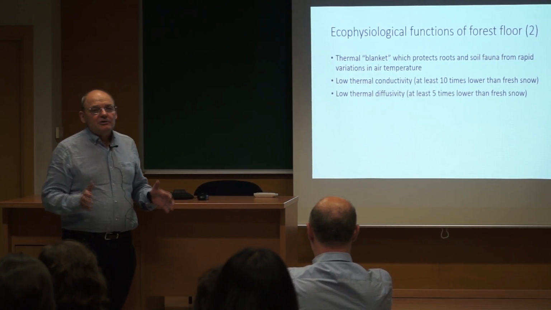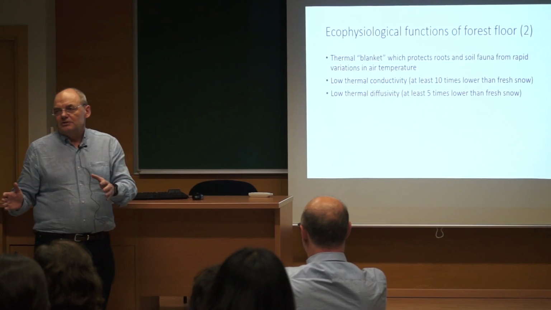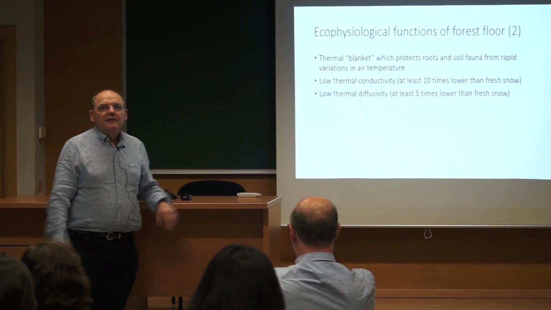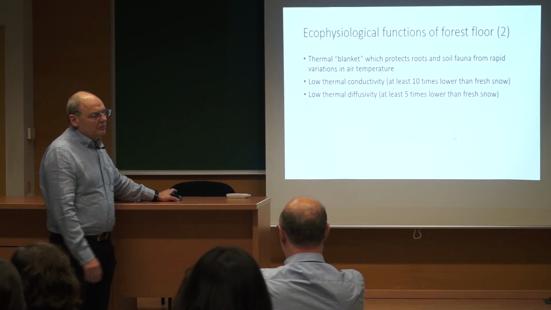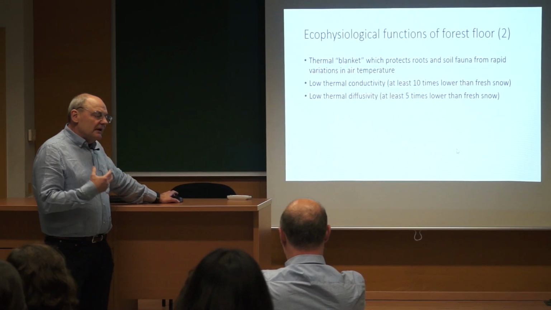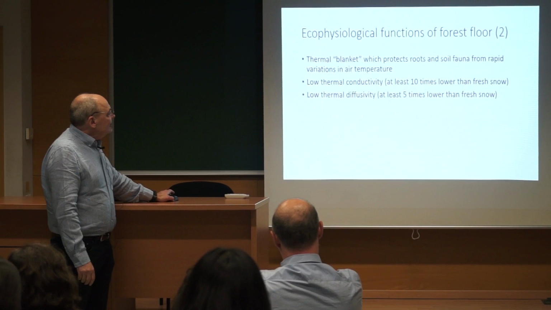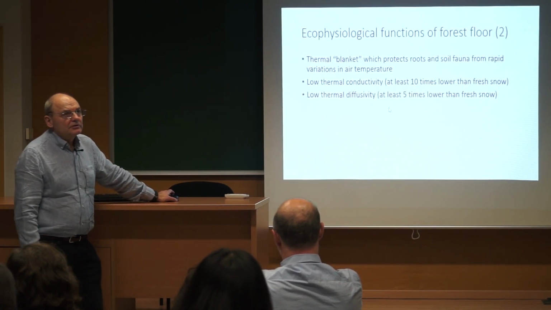I know that ecologists know about snow manipulation experiments, when you move snow from one place to another and see how warming would change, for example, preservation of roots and so on. So forest floor has lower thermal conductivity. It also has very low thermal diffusivity, which is at least 5 times lower than snow.